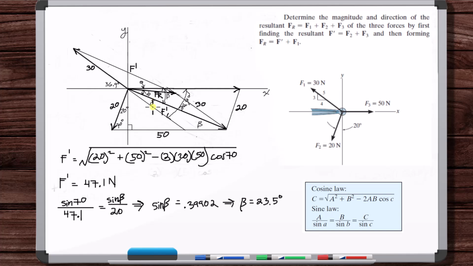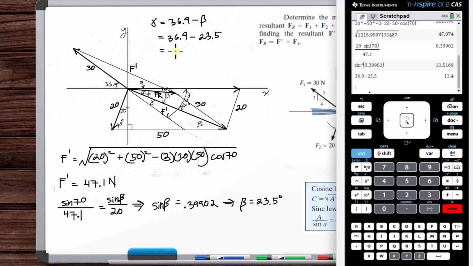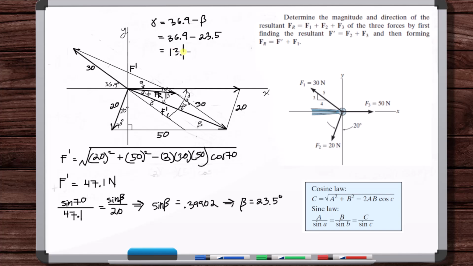We'll call this gamma. And we can easily solve for gamma because gamma is just 36.9 minus beta. So 13.4. So we've got gamma, beta.